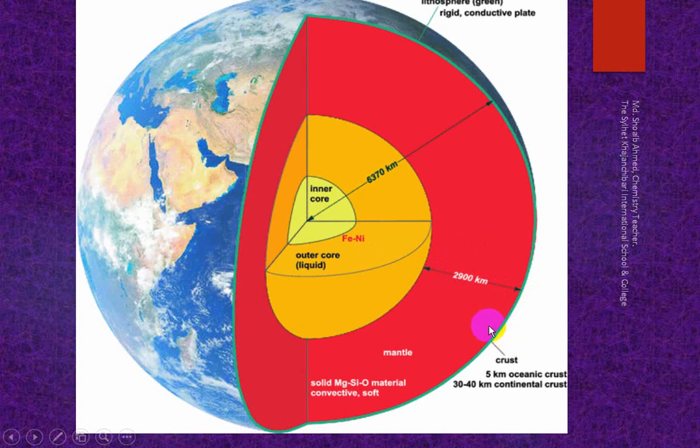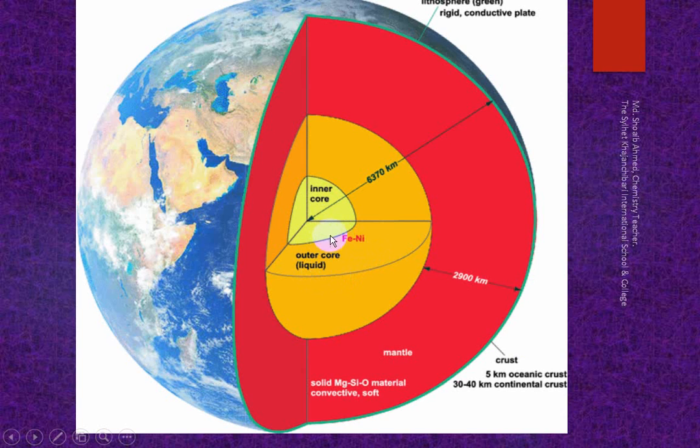Core is two parts: inner core and outer core. Outer core is liquid. I don't know what the inner core contains.